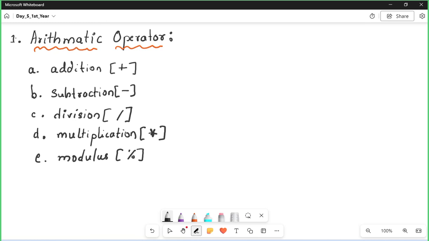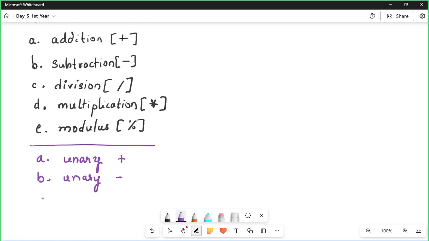Apart from this, we have some more. The first is unary plus, the second is unary minus, and the third is the increment operator, represented by plus plus.